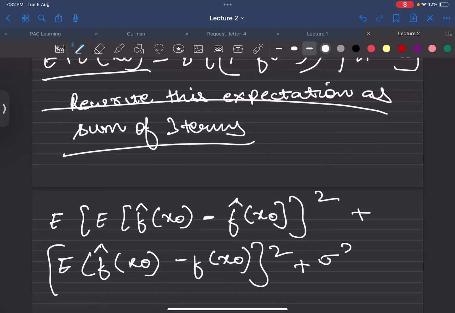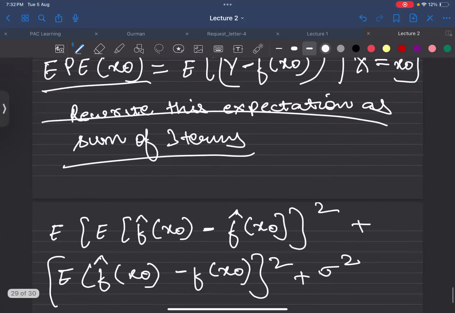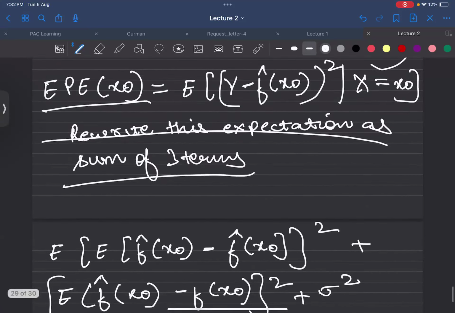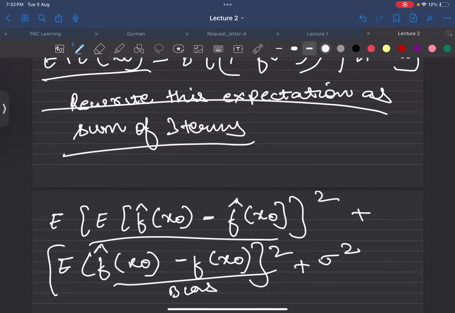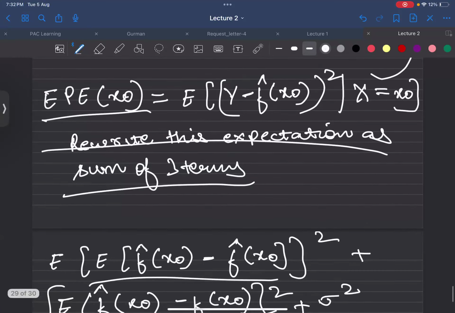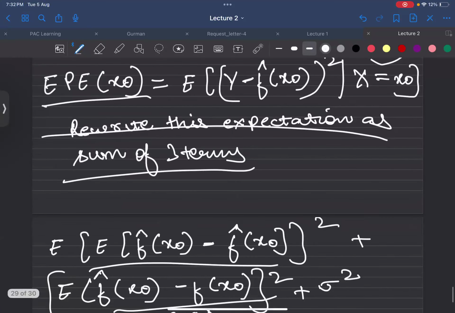The professor told us that after this step, this is the variance and this is the bias. Does anyone know how we came from this step to this step? Any idea? No, ma'am. Okay, let's see.